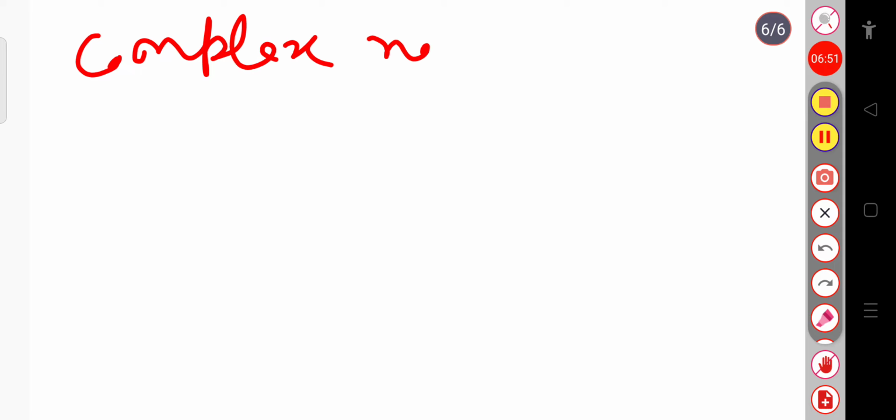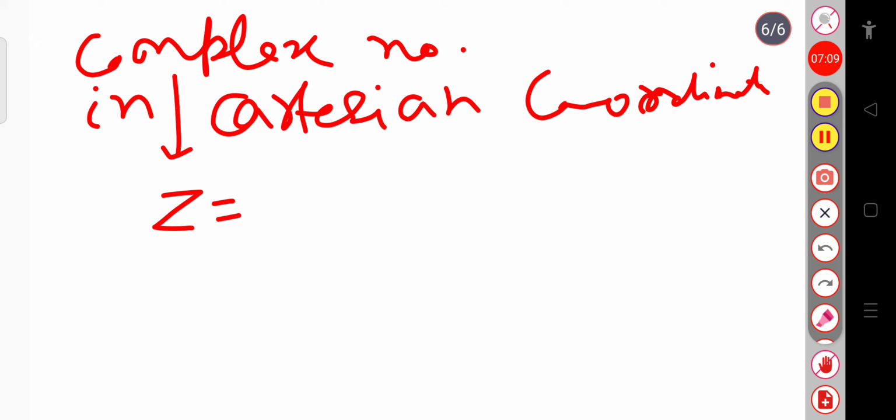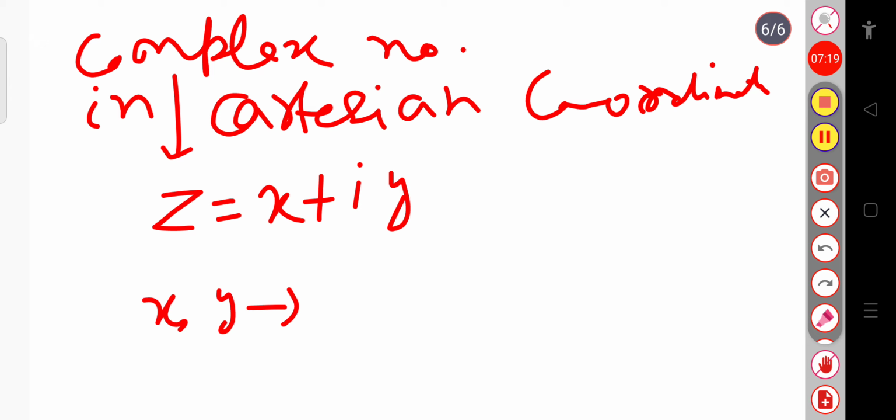That is, if we write the complex number in Cartesian coordinate system, simply we can write the complex number, here I am denoting it by z, that will be equal to x plus iota y, where x and y are the real numbers.